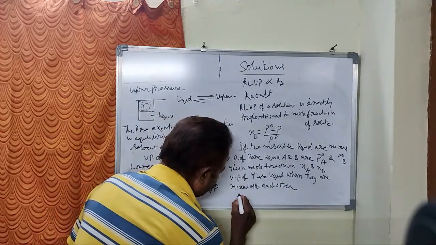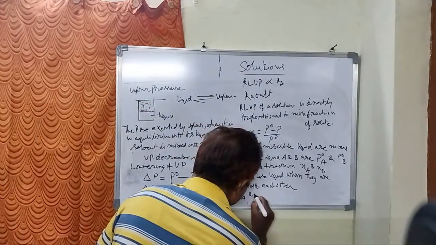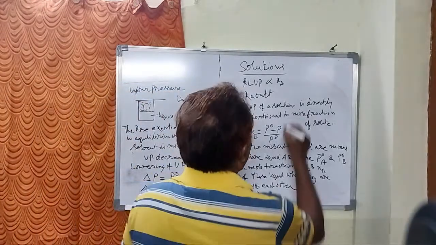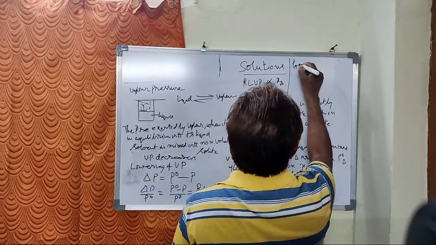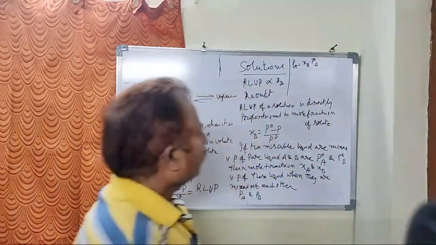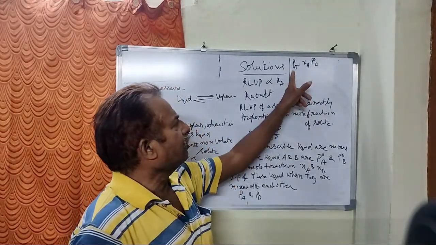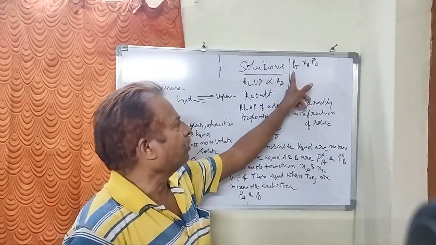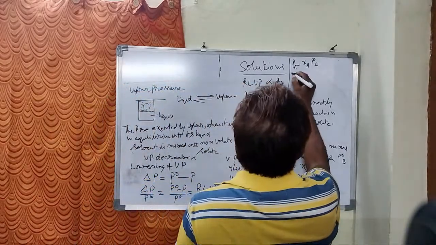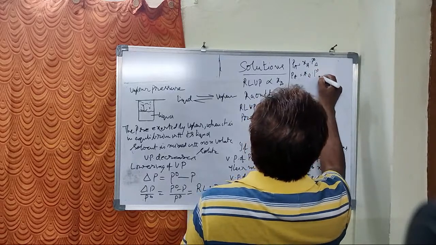The vapor pressure of liquid A in the mixture is PA, and the vapor pressure of liquid B in the mixture is PB. Then how do we find PA? PA is equal to XA into P0A. This is the vapor pressure of the liquid in the mixture, referred to as the partial vapor pressure. So the partial vapor pressure of liquid A is XA into P0A. The partial vapor pressure of liquid B equals XB into P0B.